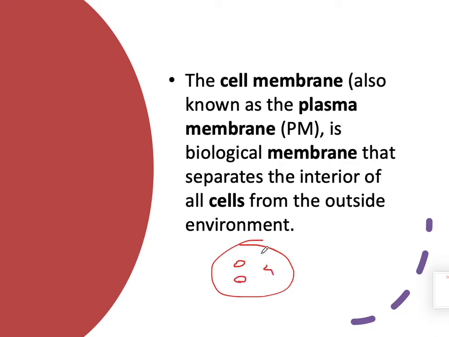This covering, which is protecting the cell from its outside environment, is known as plasma membrane or cell membrane. These are two different names. One more name used earlier was plasma lemma. So that is also another name for this plasma membrane.